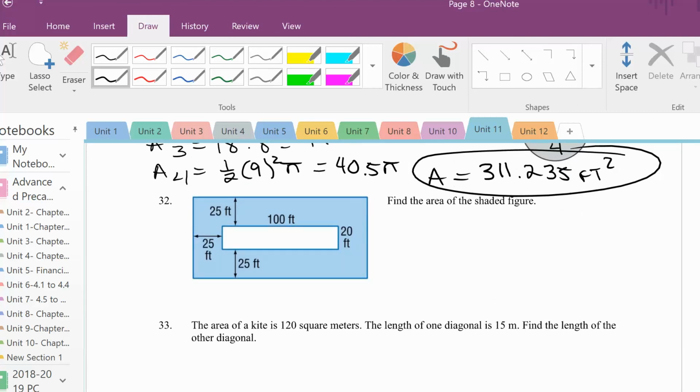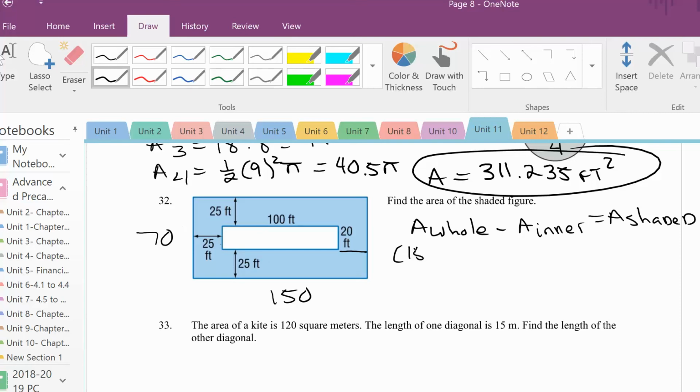All right, so 32 says find the area of the shaded region. So we're going to find the area of the whole and subtract the area of the inner, and that will equal the area of the shaded. So the whole thing, if you look here, 25, 100, and 25 again, so it'll be 150 by 25, 20, and 25, so 70.